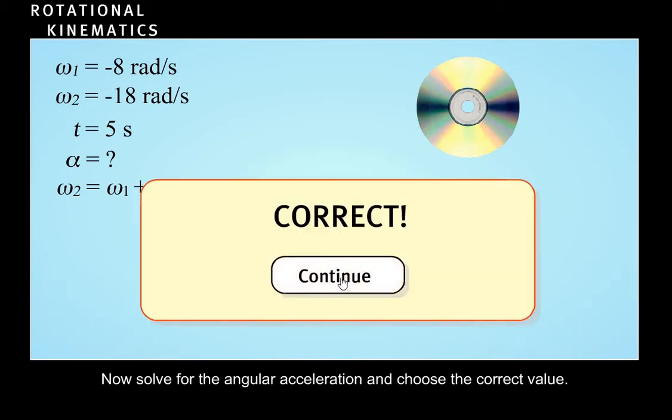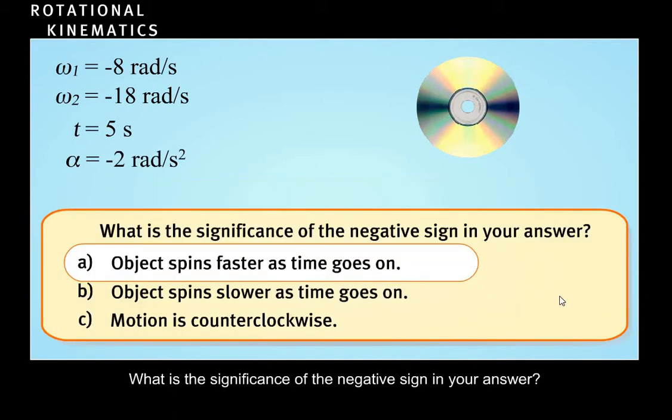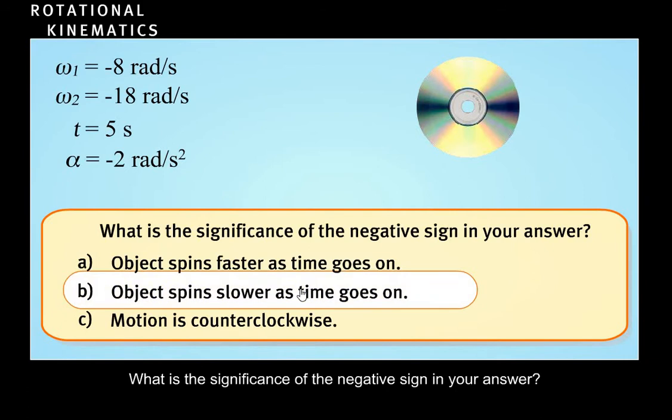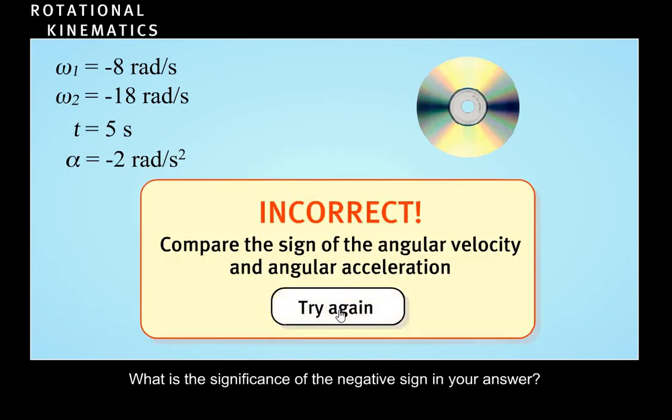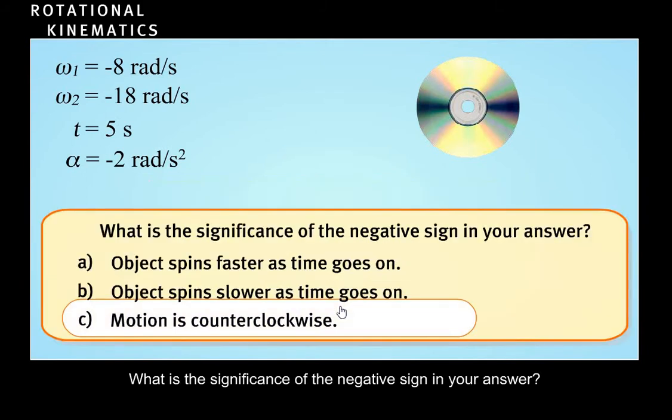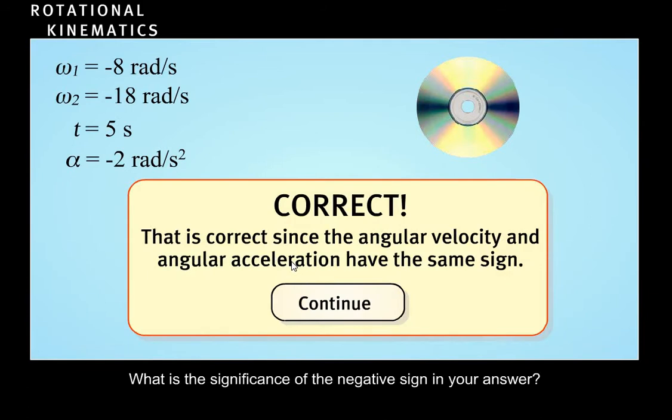That is correct. What is the significance of the negative sign in your answer? Compare the sign of the angular velocity and angular acceleration and try again. That is correct, since the angular velocity and angular acceleration have the same sign.